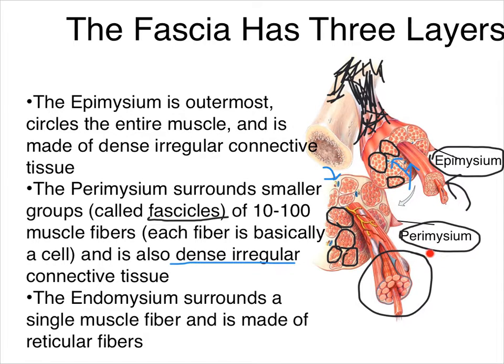This single muscle fiber is also surrounded by connective tissue. It has its own layer called the endomysium. The endomysium surrounds a single muscle fiber, and it's primarily made of reticular fibers.